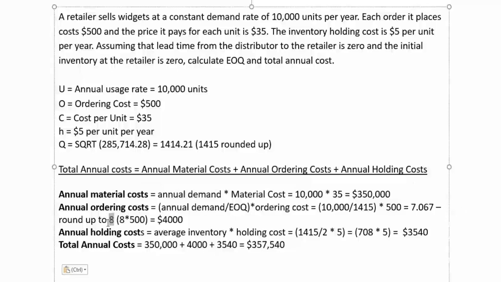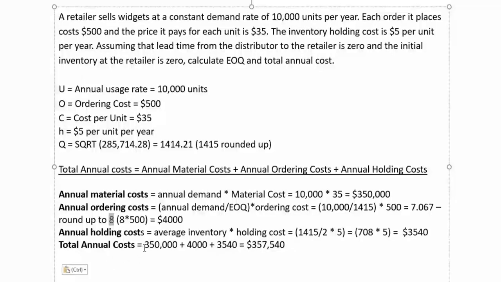And this is important. Make sure that you round up. Always round up. And then we also had to calculate the annual holding cost. And once again, like here, I used 708. In reality, I should probably use 707.5. But if you do either one of them, I'm okay with it.